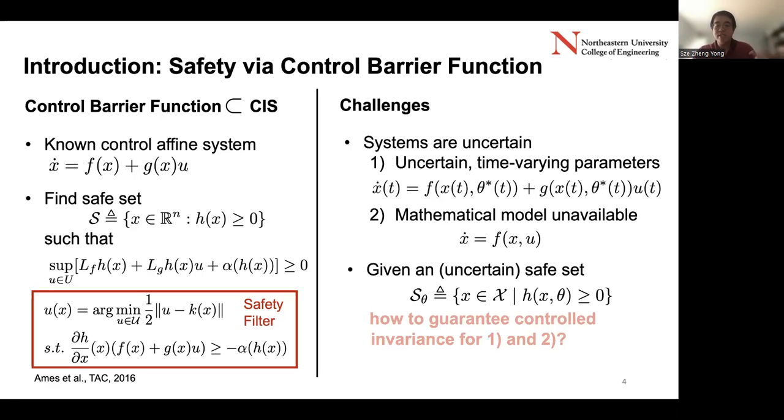The question is then, how can we guarantee that we will be safe, meaning that we still have control invariance, for both types of systems, where the systems have either uncertain time varying parameters or there is no mathematical model at all, but we have some prior data of the system. So how do we go about doing this? What we will be looking at is robust control barrier functions.